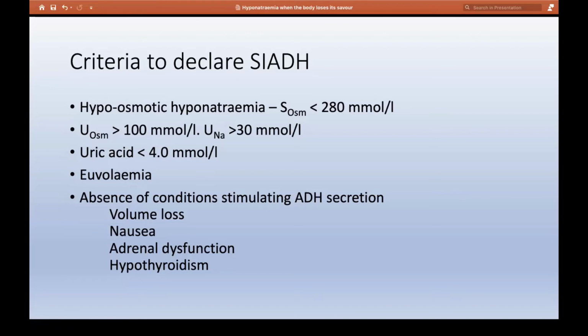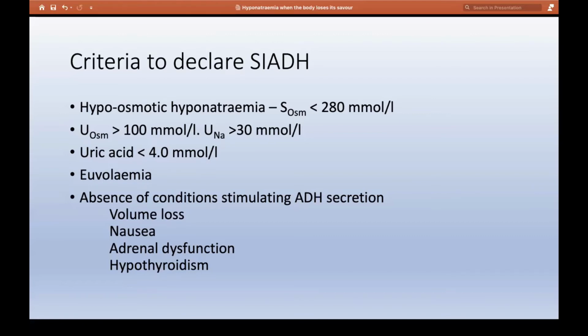And conditions that stimulate ADH secretion, like adrenal dysfunction, hypothyroidism, and volume loss because of vomiting, nausea or diarrhea, should be absent. So when you are evaluating somebody for persistent hyponatremia and thinking of SIADH, it is essential that you exclude dehydration or volume overload.